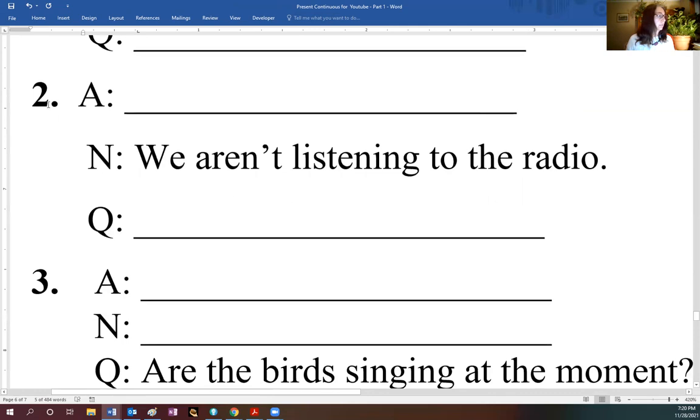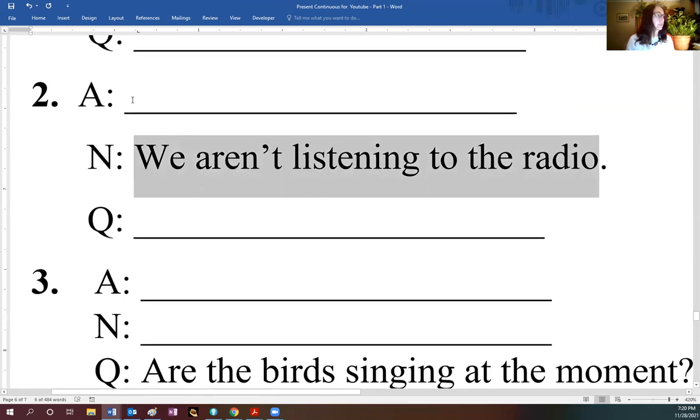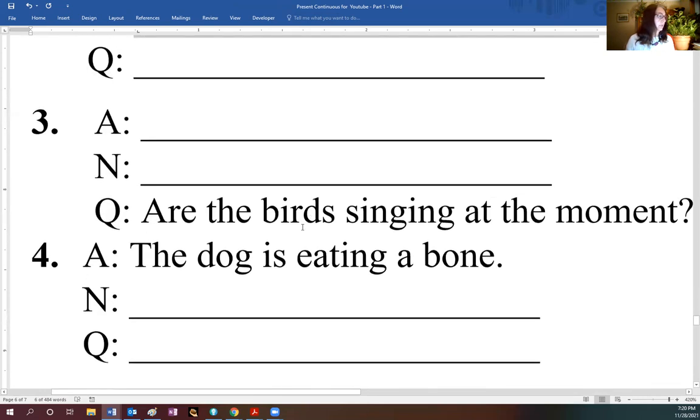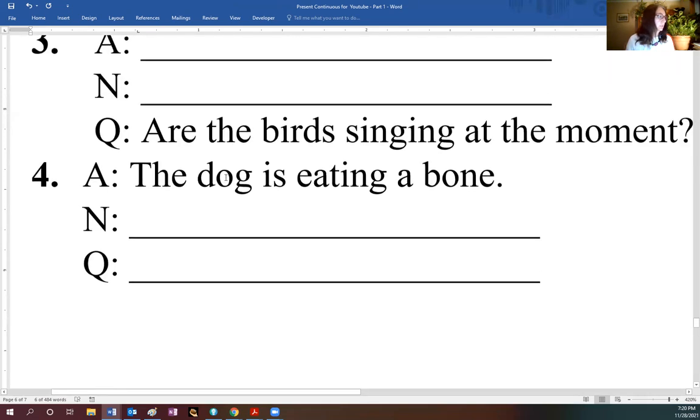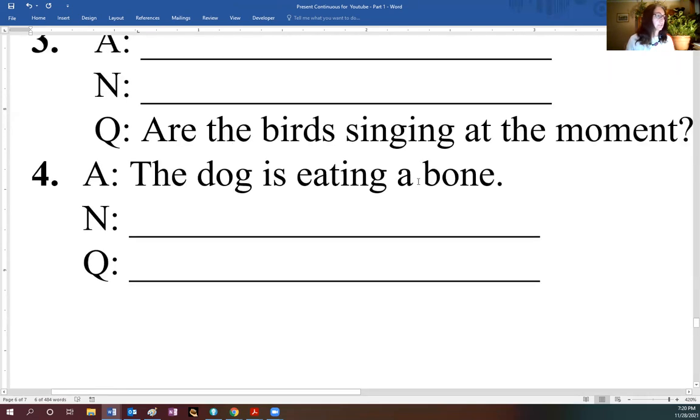Okay, here in number 2, you have the negative sentence, and I want you to write the positive sentence and the question. In number 3, we have a question, but we are missing the negative and the positive sentence. So write those ones. And number 4, the dog is eating a bone.